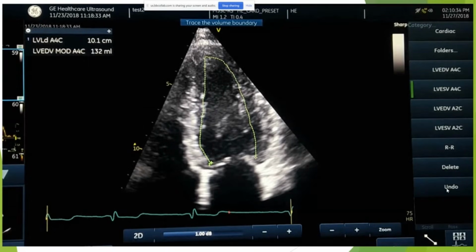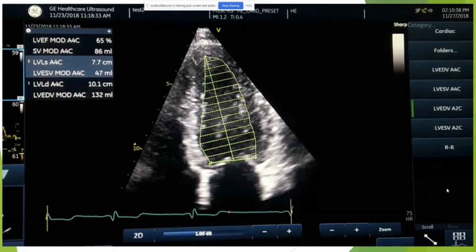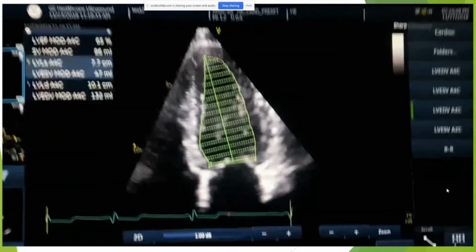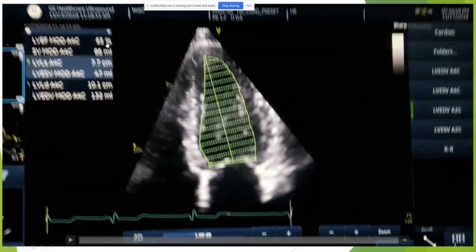And then I finish it at the lateral hinge, and then set. And here, the ejection fraction corresponds to 65%. Is that right? This patient is very young and healthy and athletic. Remember again, anything over 55% is considered normal. This particular patient's ejection fraction was 65%, which is really good.